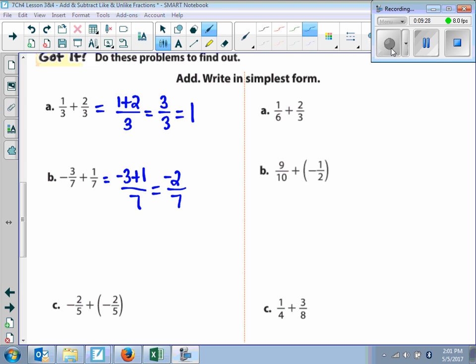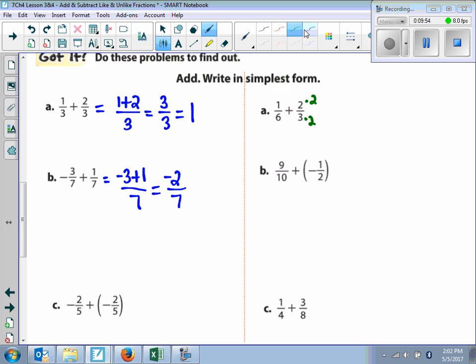Now take a look at these unlike fractions. Here we have 1/6 plus 2/3. What's the common denominator with 6 and 3? 6. So the only one I have to change is the second fraction, right? So we're going to multiply this 3 times 2, and if I multiply the denominator by 2, I have to multiply the numerator by 2.